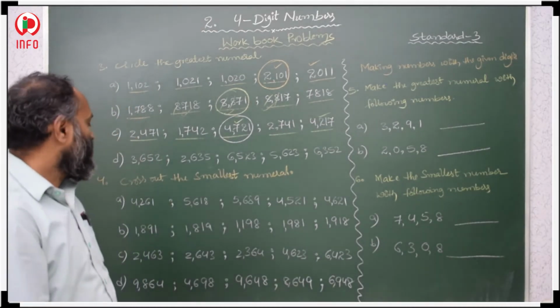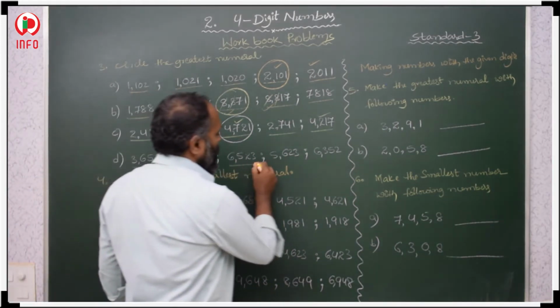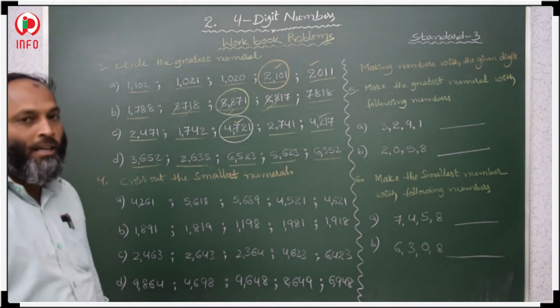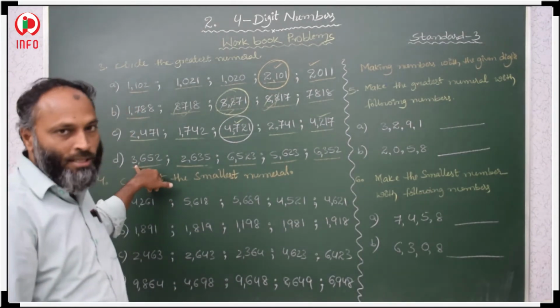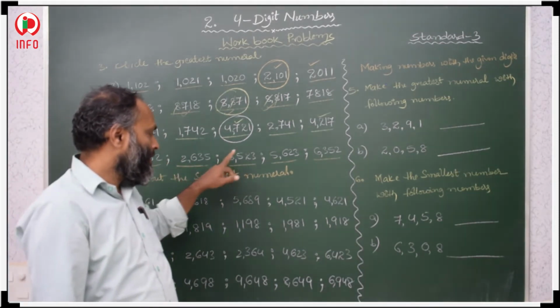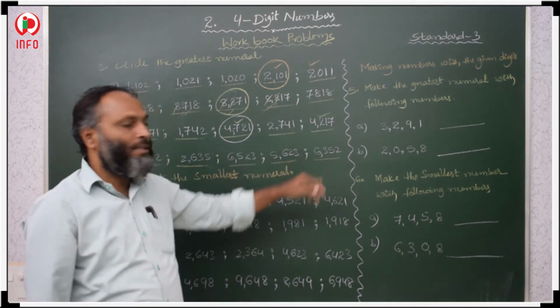Then next, in these five numerals, we have to decide which one is greater. What is there in the thousands place? 3, 2, 6, 5, 6. The two 6s are greater.